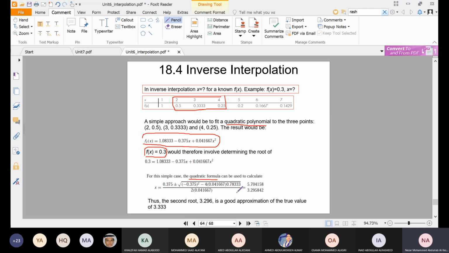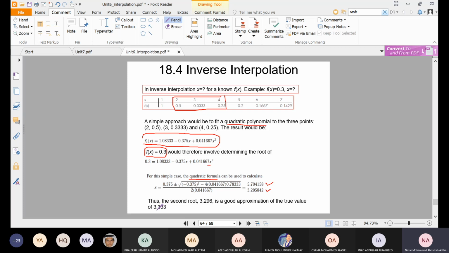Okay, so we find the roots of this polynomial. Because this is second order quadratic, I will get two roots. This is the first root and this is the second root. So the second root is a good approximation of the true value, and the true value should be 3.33.